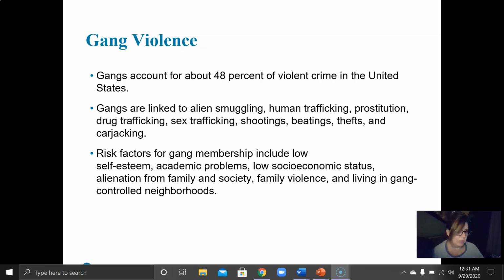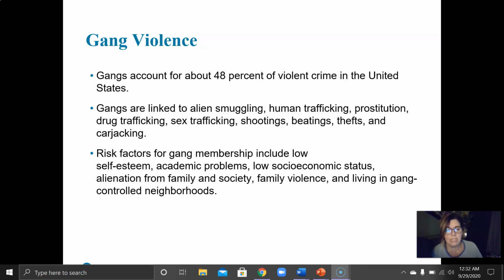Gangs give members a sense of self-worth, companionship, security, excitement, as well as economic incentives. Gangs are linked to alien smuggling, human trafficking, prostitution, drug trafficking, sex trafficking, shootings, beatings, thefts, and carjackings.